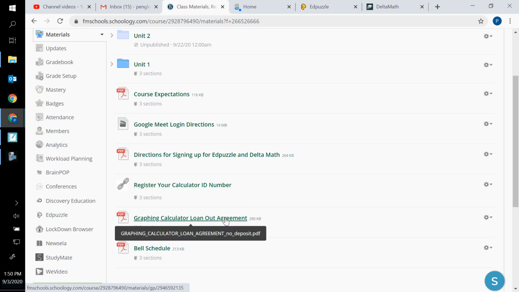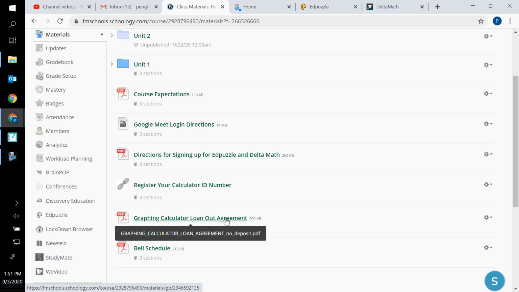The Graphing Calculator loan agreement is if you don't have a calculator of your own and you're going to borrow one from the school for the year. You can click on this and print it out and fill it out, bring it in, and we'll send you down to the math office and get you your calculator.